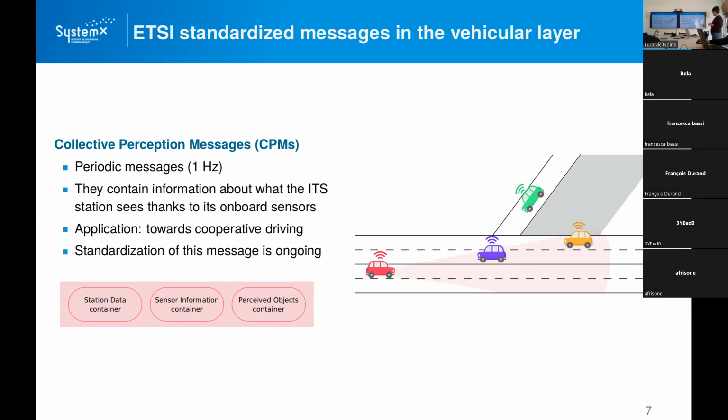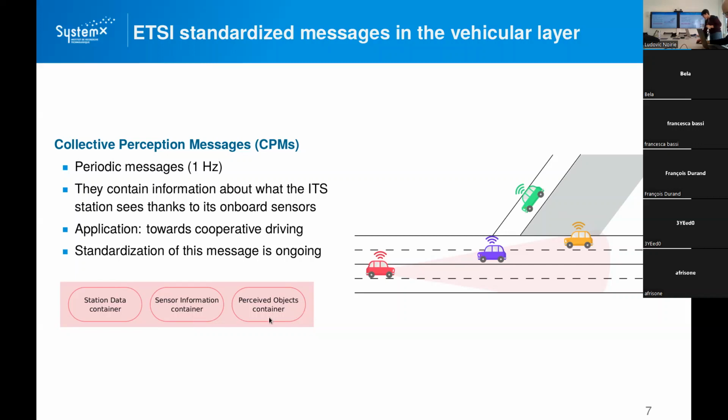So you have in the pink box a very simplified structure of the message. It contains all the data concerning the emitter station. So the red car is saying, I'm here, this is my position, speed, and everything. Then it contains information about what sensors are on board of this red car.